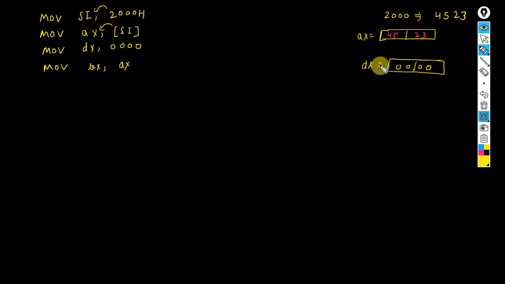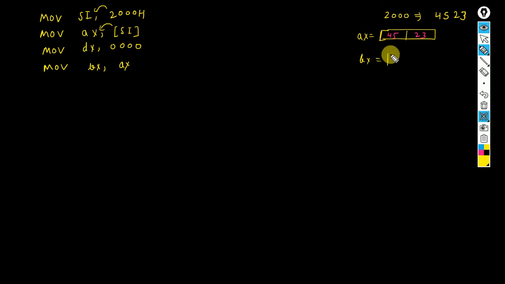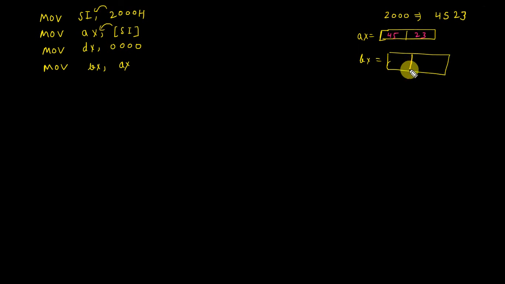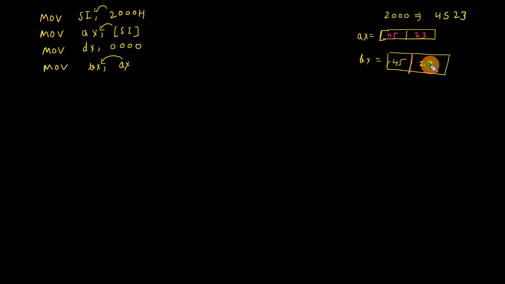When we execute MOV BX, AX, the content of AX is copied to the BX register. So the content of BX is 4523.